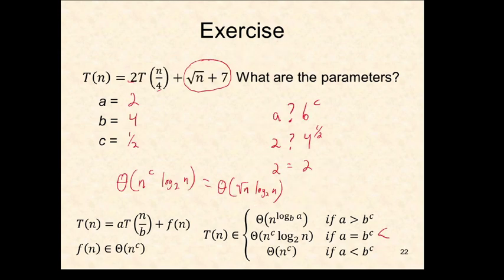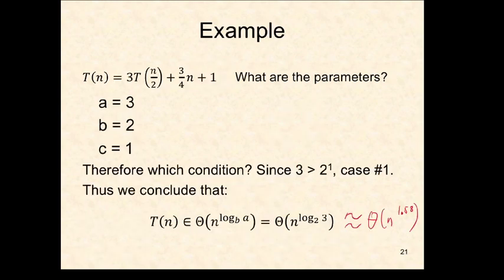Let's go back to the first case that we looked at. In the first case, we've got the recursion and we've got a log n there. Sorry, I didn't go back far enough. I want to go back to this one. So in this one, when a is greater than b to the c power, we ended up with n to around the 1.58.